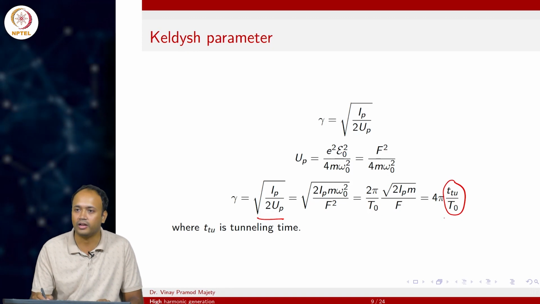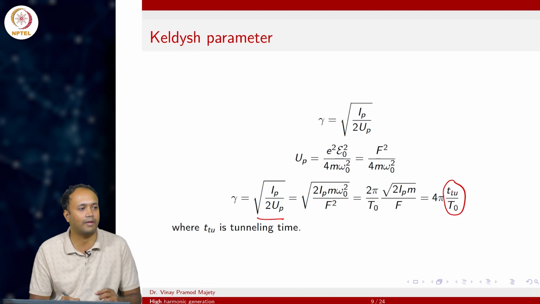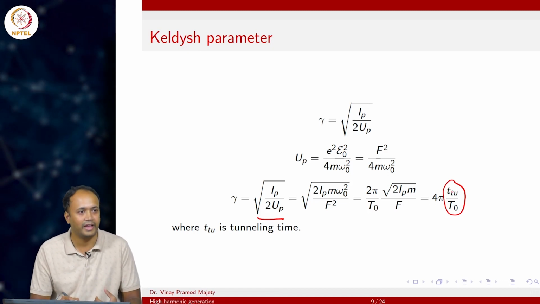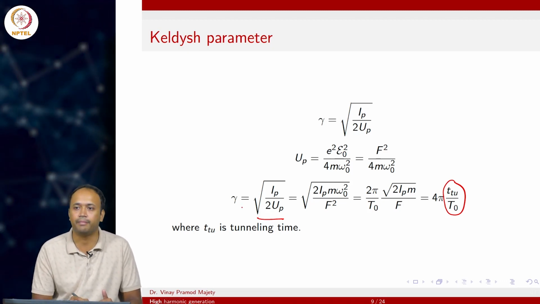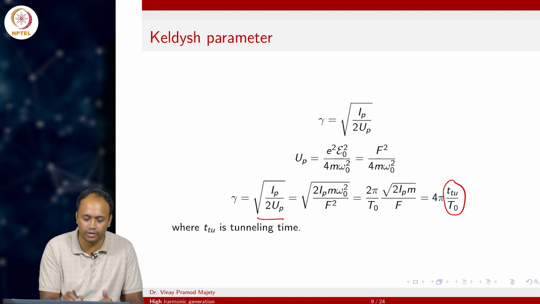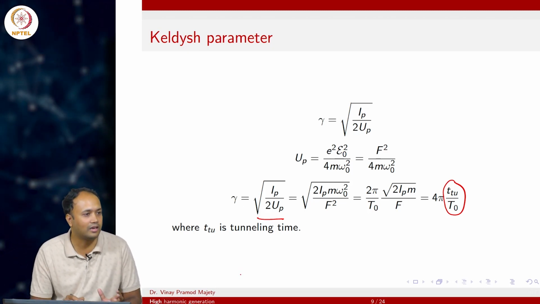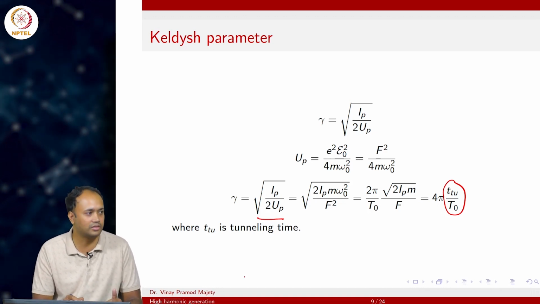T naught is the period associated with the laser field, and T tunnel is a characteristic time associated with tunneling. The ratio of these two gives you the Keldysh parameter, which is equivalently the square root of IP by 2 UP, and depending on this ratio, one knows whether tunnel ionization or multiphoton ionization is the dominant process.